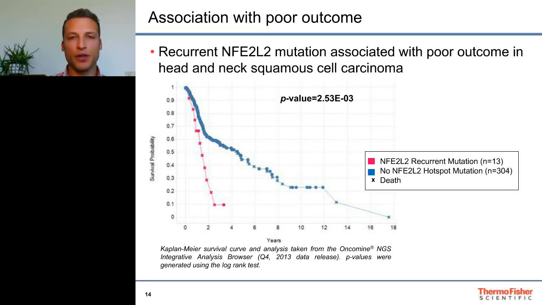Since we've looked at a range of tools to identify NFE2L2 as a driver, it had significant results within our outcome analyses. And in this case, it was in head and neck carcinoma that we saw poor outcome associated with NFE2L2 recurrent mutations.